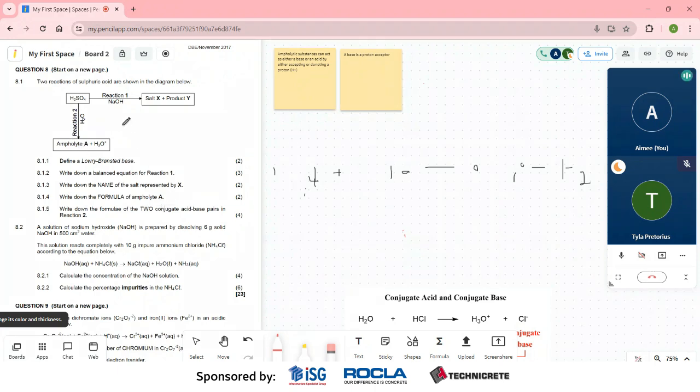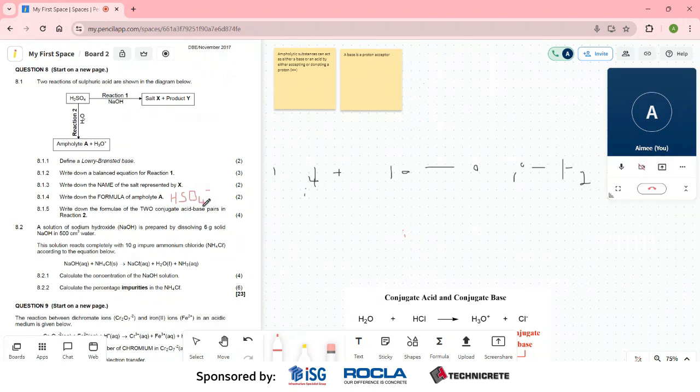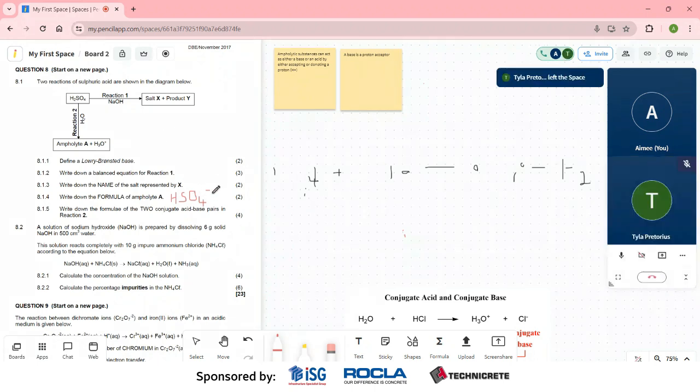So the formula of ampholyte A is going to be HSO4 negative. So 8.1.4 is HSO4 negative.